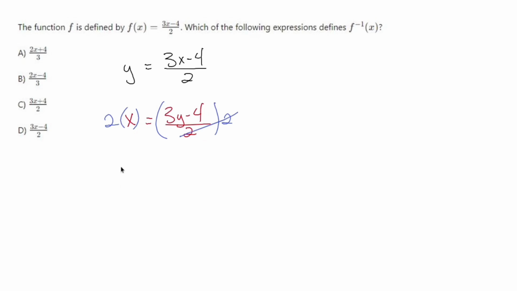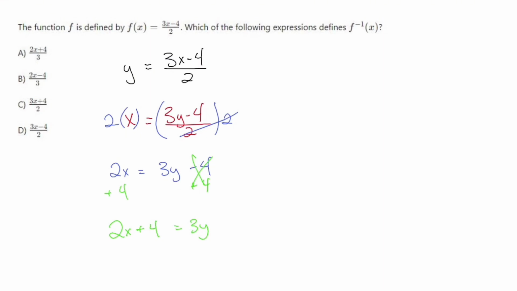That gets you 2x equals 3y minus 4. The next step in solving for the new y is to add 4 to both sides. 2x plus 4 don't combine, so you get 2x plus 4 equals 3y.